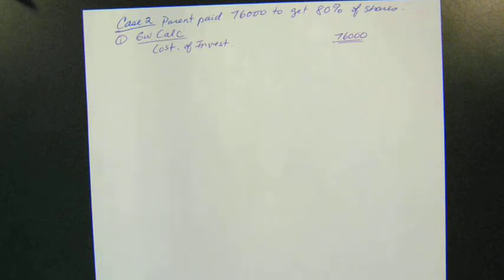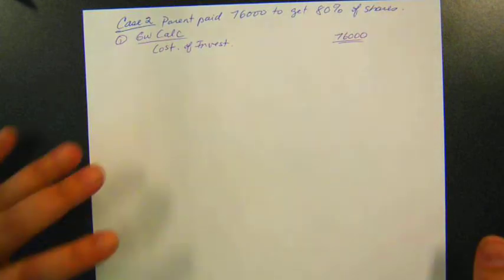The implied value of the sub. Normally we'd start with the fair value of the sub, but in order to do that, we need to know what we paid plus what the NCI shares were worth. Did this question say anything about NCI shares trading at whatever? No. So we start with implied value.